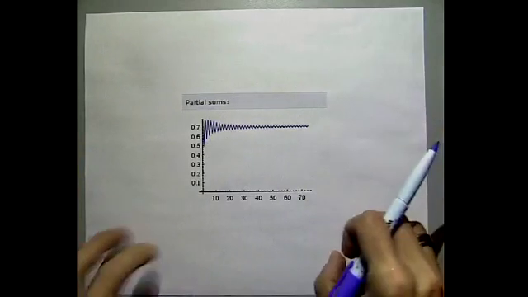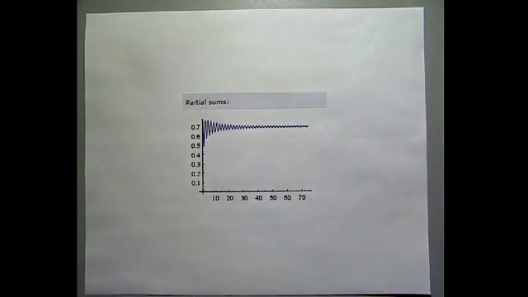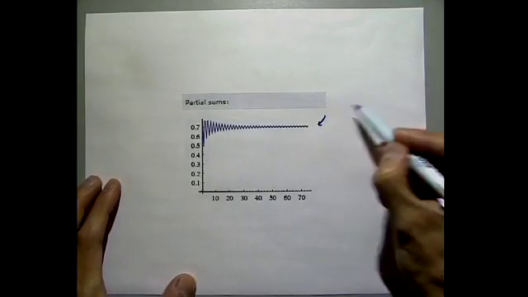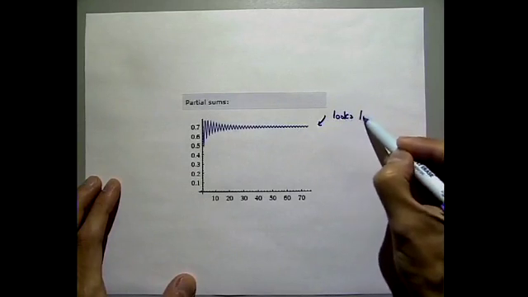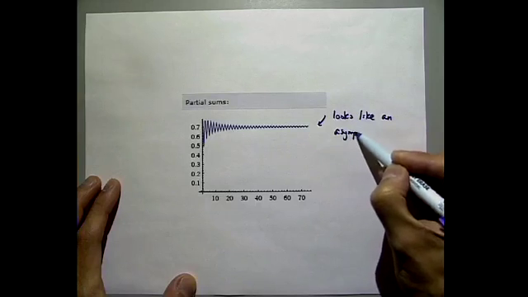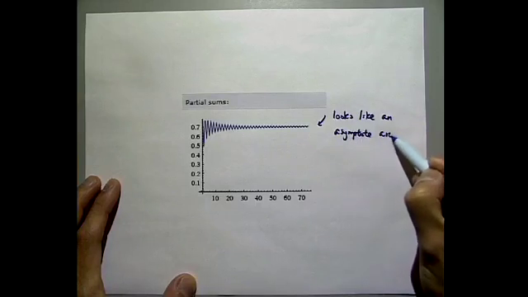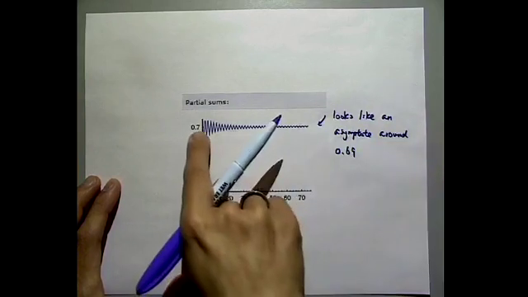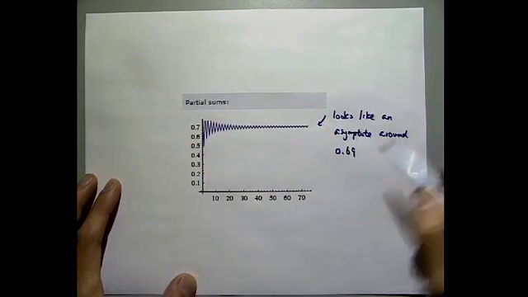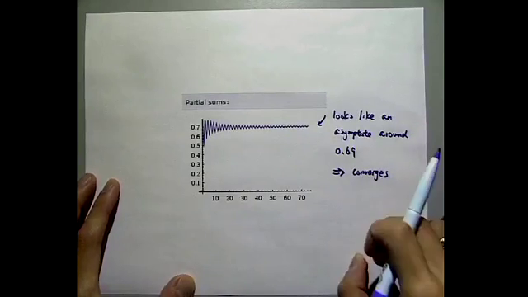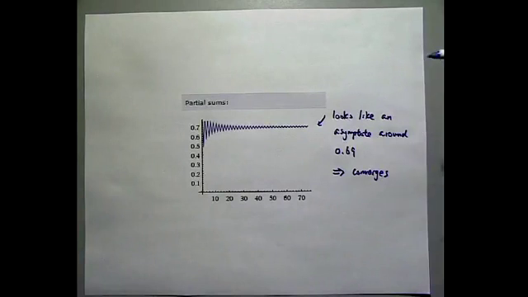Remember, a way to tell if this thing is converging is if there is a horizontal asymptote. There appears to be one, around 0.69, 0.7. So this thing is converging based on what we see here.